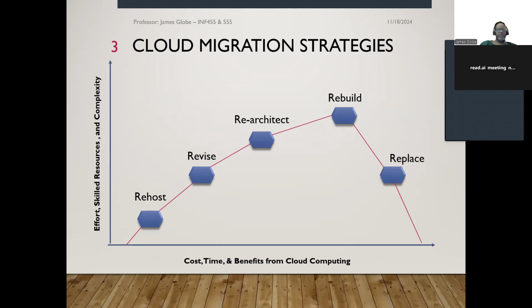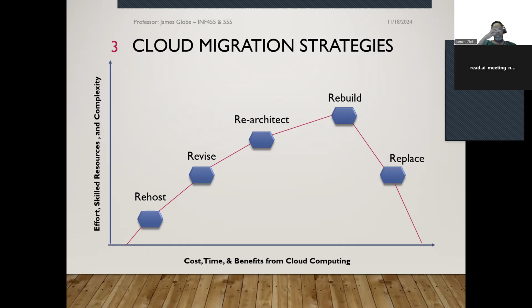It's much quicker, more cost effective. But you're not using any native cloud services or native cloud architecture. So therefore, it's not the most scalable, and could be, in the long term, not the best approach.